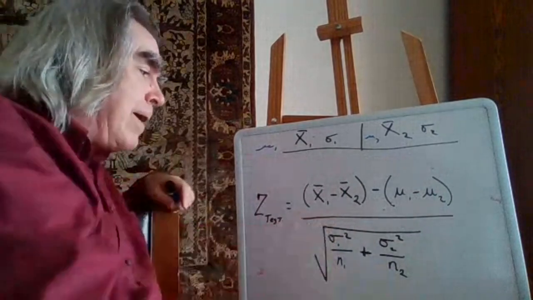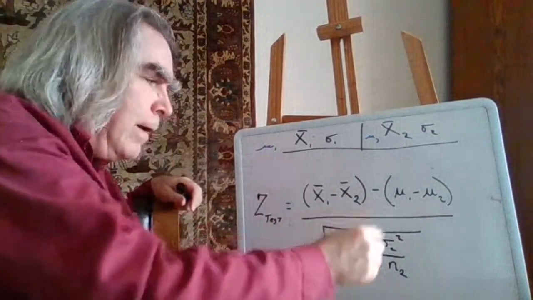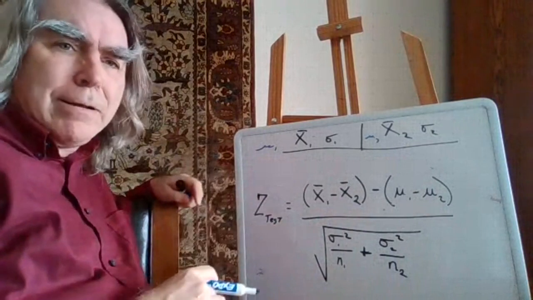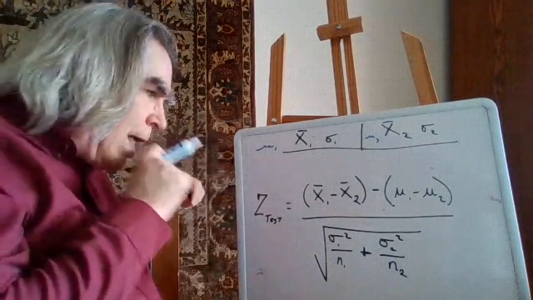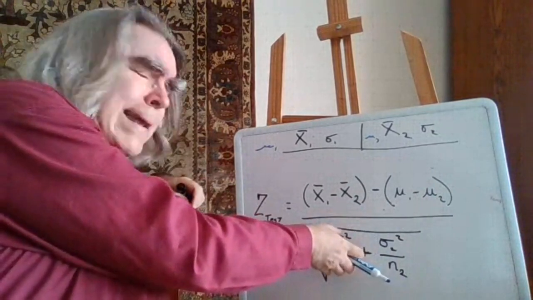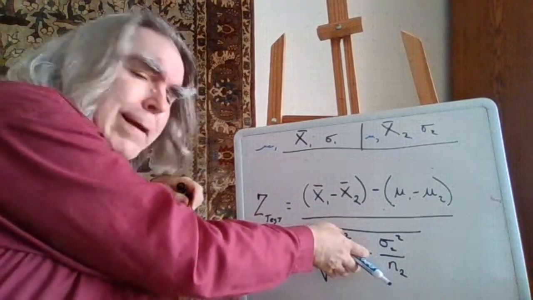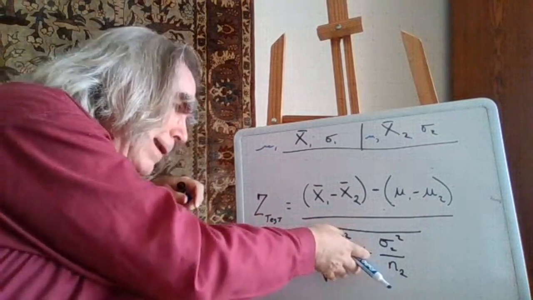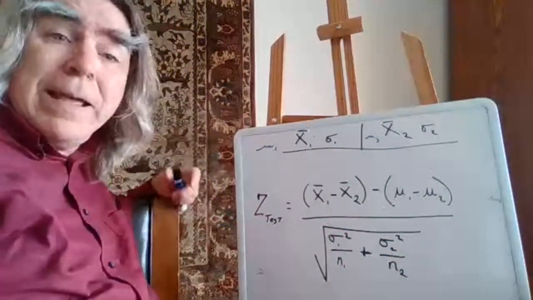Yeah. What's down on the bottom? What's down on the bottom is a little bit of a tricky little thing to write, right? But essentially, it's kind of adding the variance-ish, the standard deviation divided by square root of n of the first sample and the second sample.